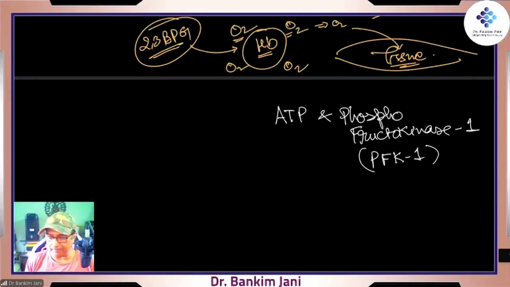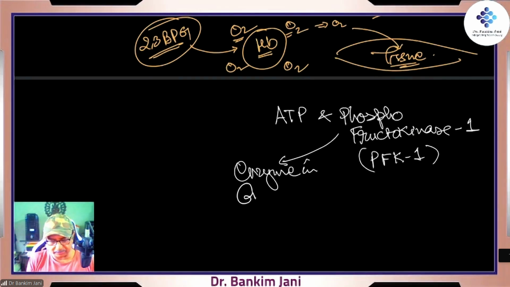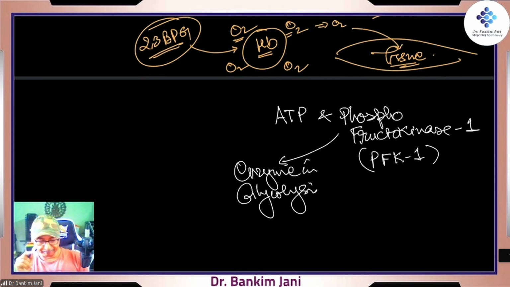This is one of the important enzymes used in the process of glycolysis. When there is enough ATP, when this phosphofructokinase is working, it generates more energy.